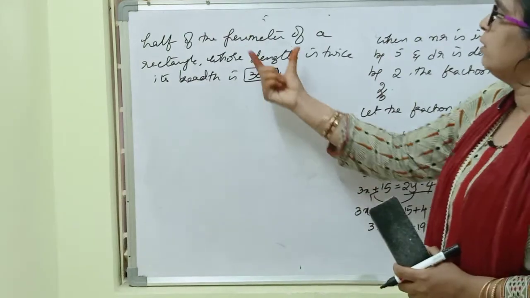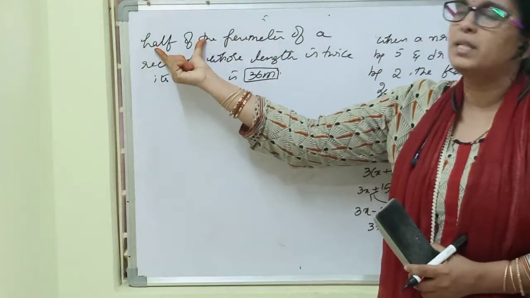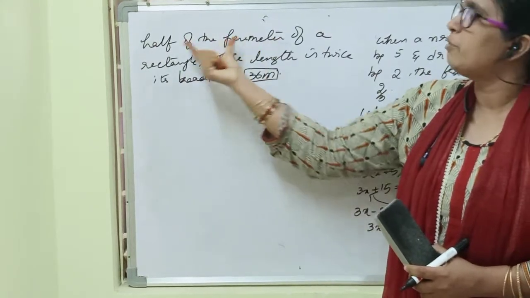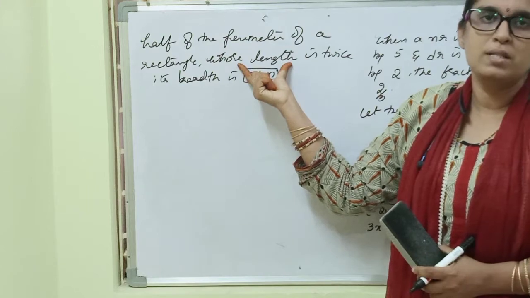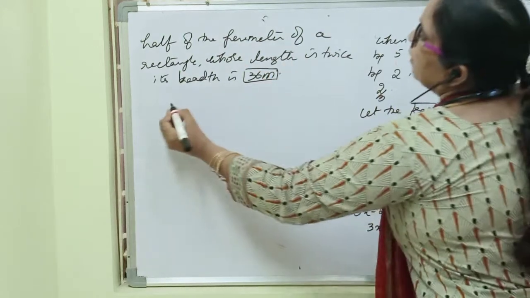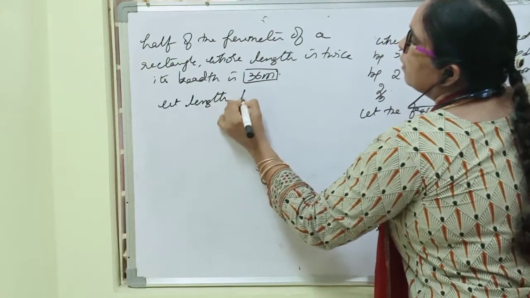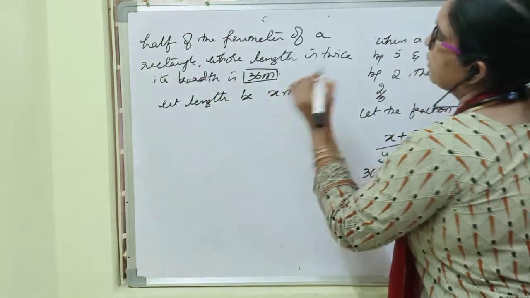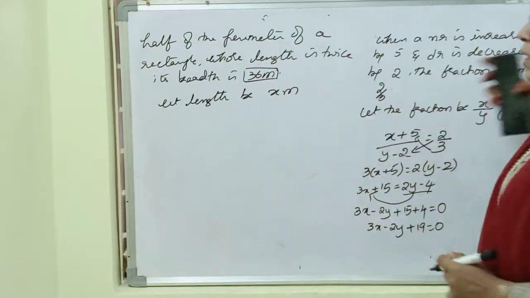Okay, here half of the perimeter of a rectangle. He started giving the information about half of the perimeter of the rectangle. In between he told us length is twice its breadth. So here we will assume length be x meters. Whenever there are units mentioned, we need to mention the units for these variables also.